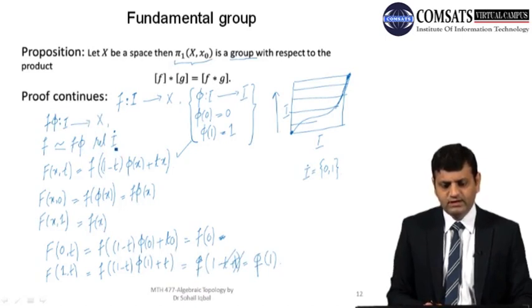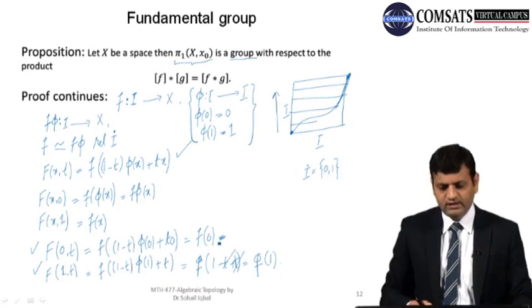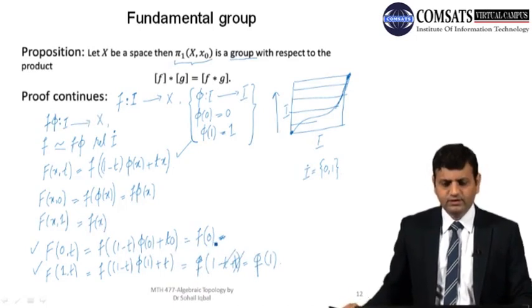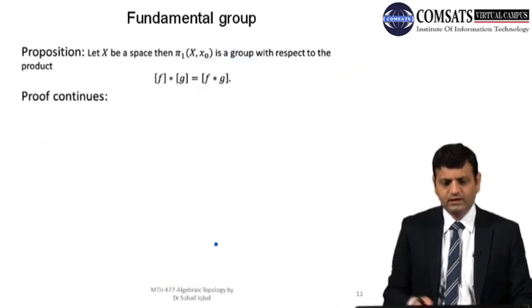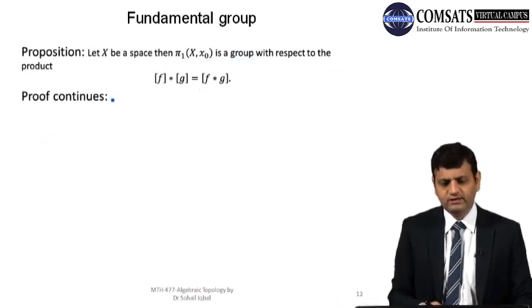Relative to I dot means these two conditions: for every value of t, any intermediate function between f and f phi has the same initial and final points. So a reparameterization of a path is homotopic to the original path, relative to I dot. Now we are going to show that this operation is associative.